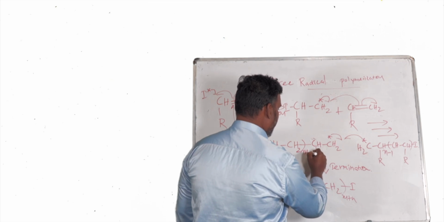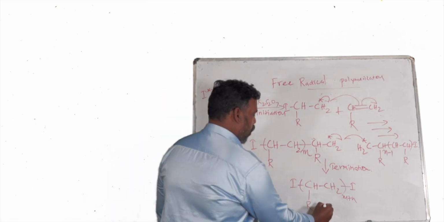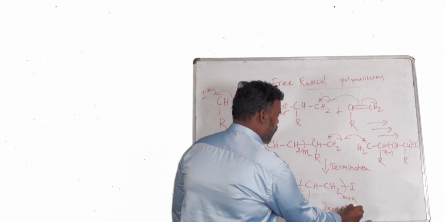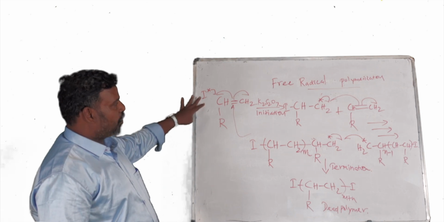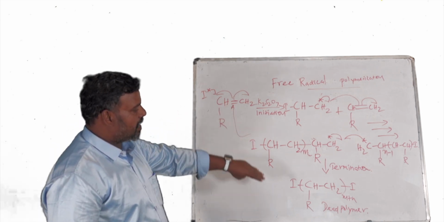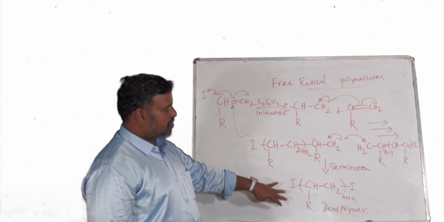This is what we call a dead polymer, a polymer that can never be grown again. The mechanism ends when a polymer is dead; it cannot polymerize any more.